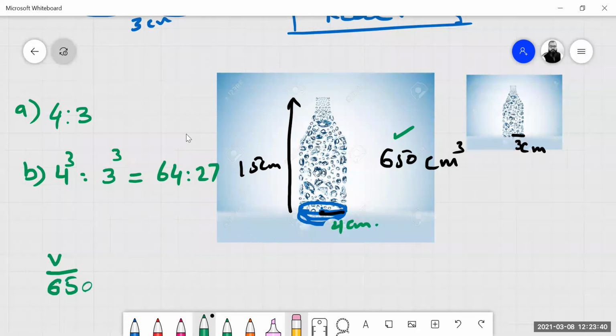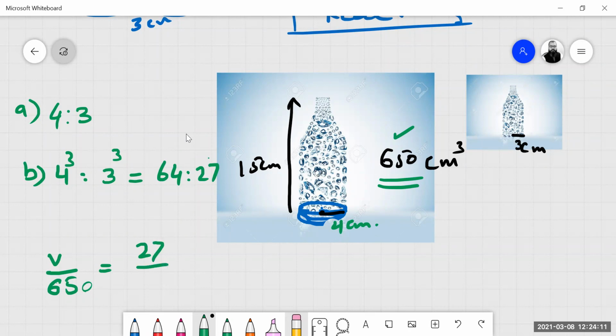Is it right? Okay. Sir, for the 650, do you write the square or no? No. This is the volume given in the question. Now, the factor ratio for the smaller bottle is 27. We write the smaller bottle up, so we will write 27 up.